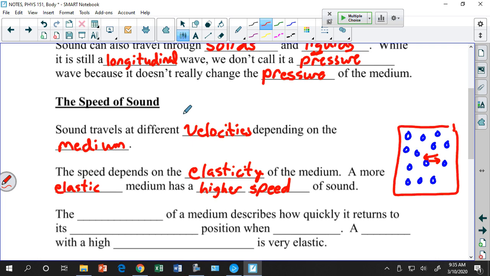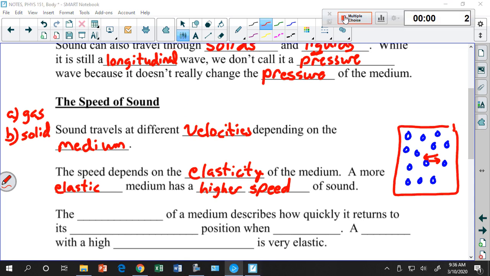So with that in mind, I want you to guess or make a decision about what has a higher speed of sound. Because the speed of sound will depend on the elasticity. The higher the elasticity, the higher the speed of sound. Is the speed of sound higher in a gas, or is it higher in a solid?